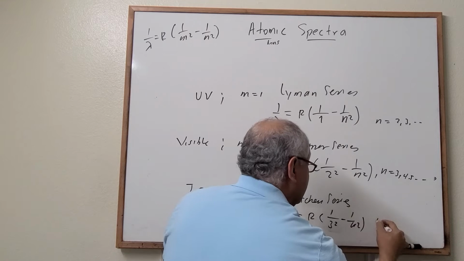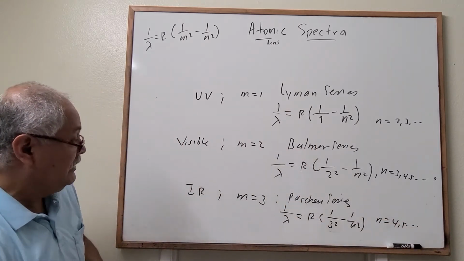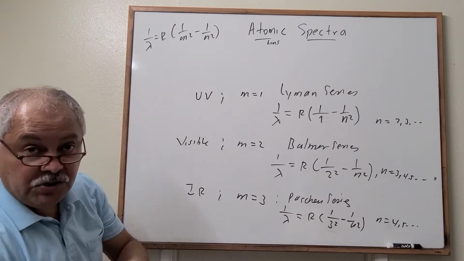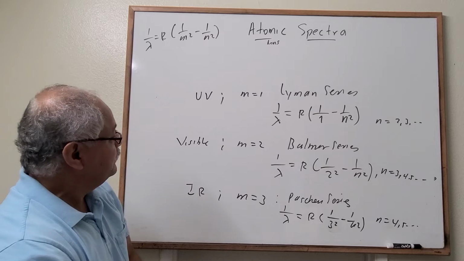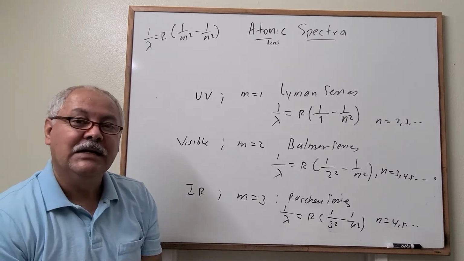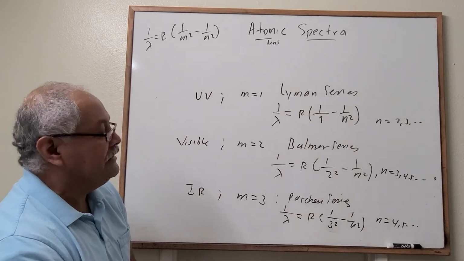In this case, n takes the values of 4, 5, and so on. You see the same general pattern for the wavelengths at different ranges. Okay, great.